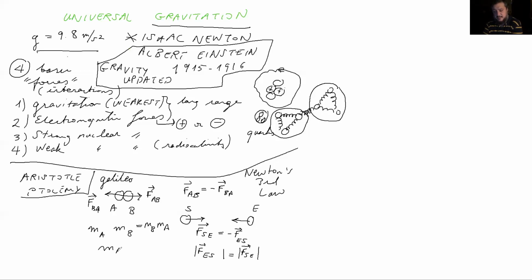But if you divide them, MA over MB is not equal to MB over MA unless they're both equal to 1, or the same number. If the masses are equal, the ratio will be 1. But I'm just trying to say that the formula for gravity due to both masses should be symmetrical in terms of A and B. You should be able to commute the masses and still get the same answer.